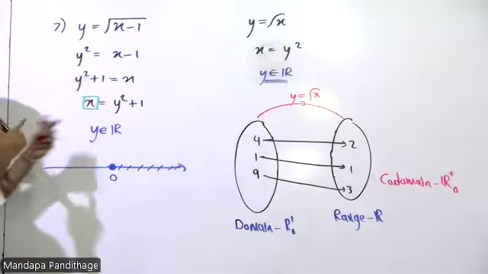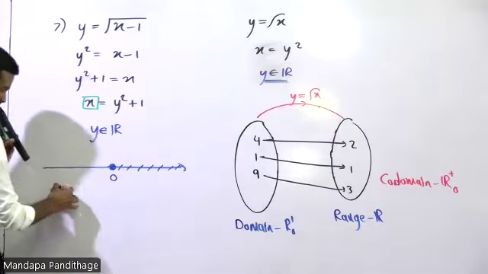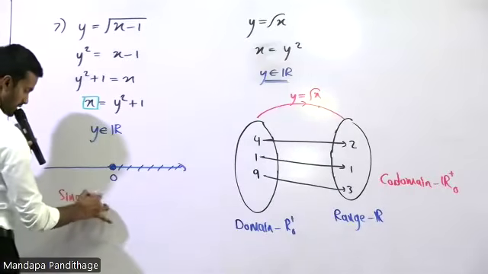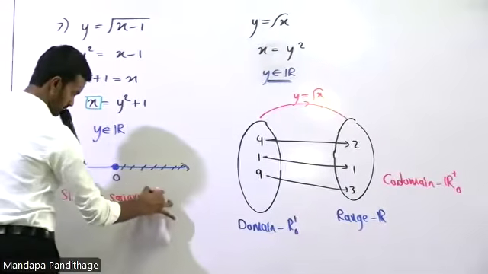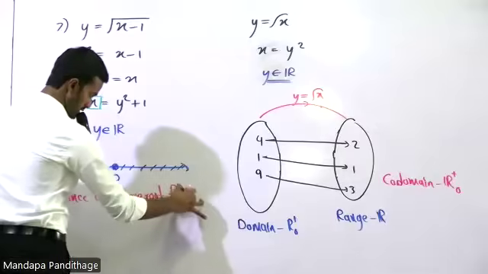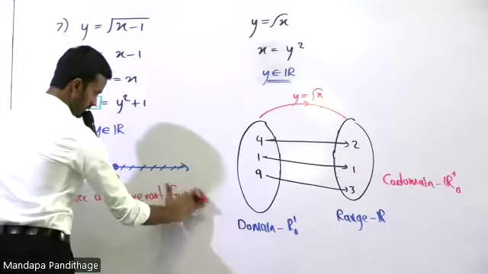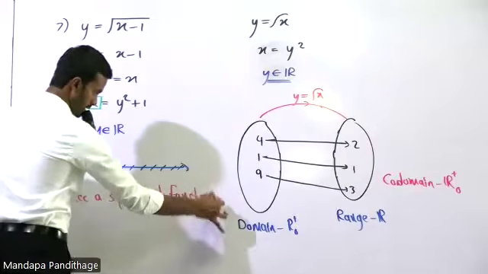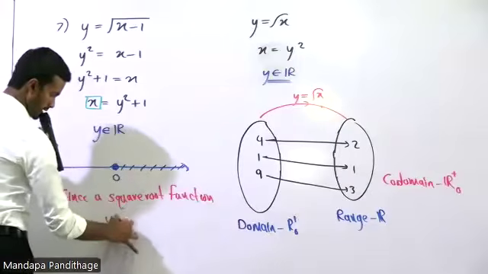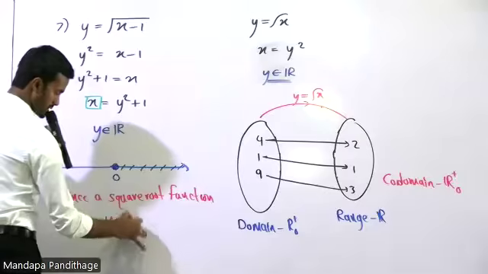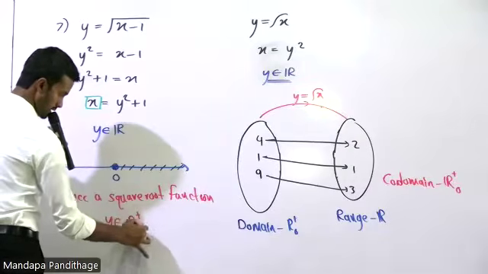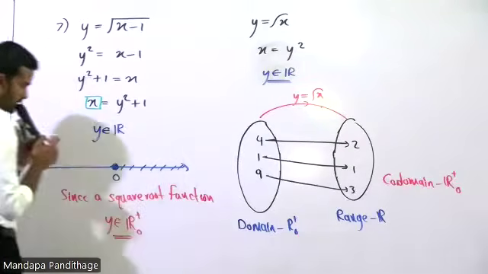So even though I get this answer, since it is a square root function, y is taken as only this positive side. I'll be taking the positive side of the answer that I get.